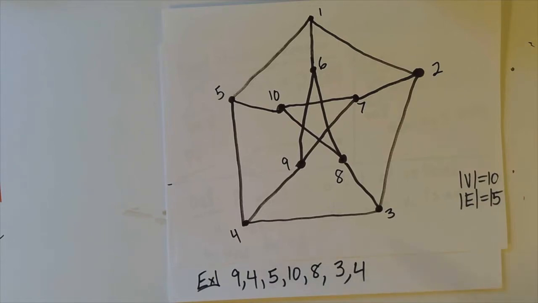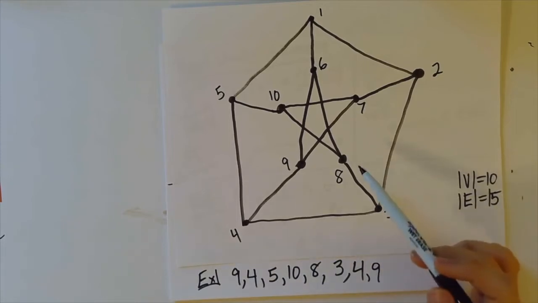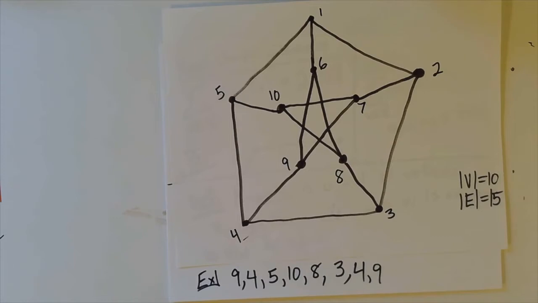Note, there's no restriction, if I'm just talking about a walk, about whether I repeat things. So in fact, I didn't do this, but I could go ahead and throw a 9 there. And then I actually now have both repeated this edge and both of these vertices, and that's perfectly fine. All right. So that's the idea of a walk.